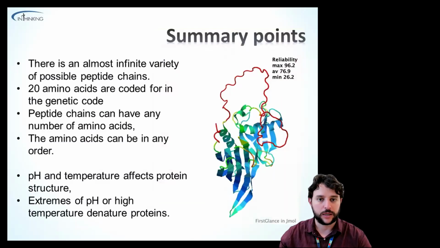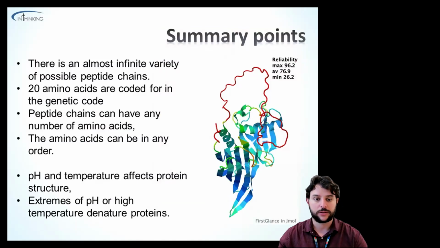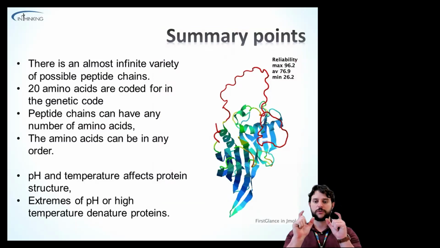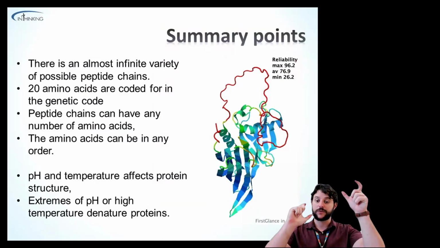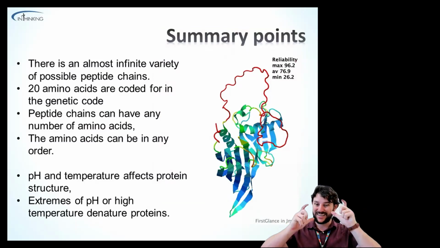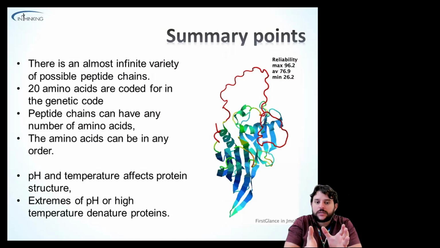Okay, so again, there are 20 types of amino acids, okay? And the main factors that can affect their structure, that can denature, are pH and temperature. Okay, so pH and temperature. Why pH? Depending on the concentration of free hydrogen ions, free protons in the solution, you're going to interact with the different charges of the R groups and the other chemicals. So this can affect, can displace, can change the interaction.